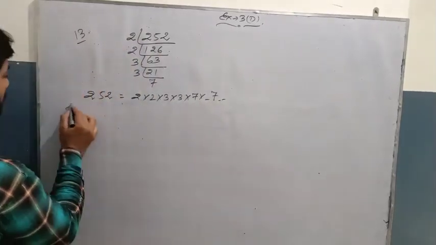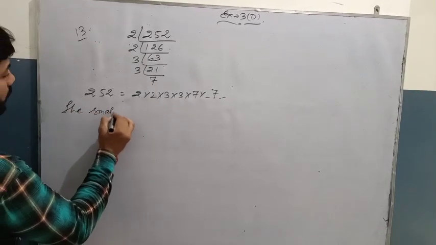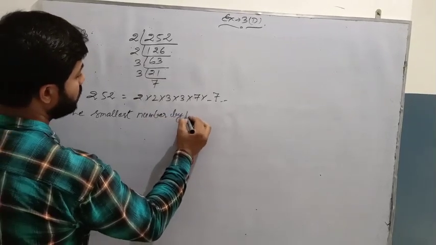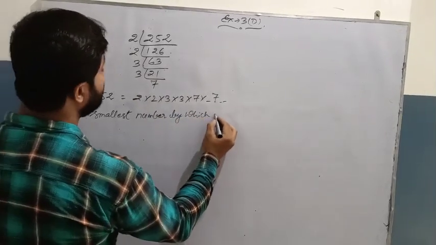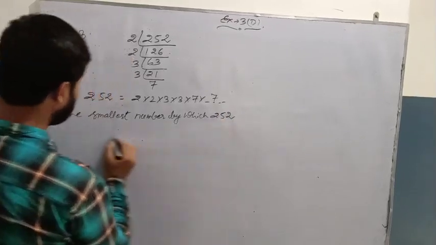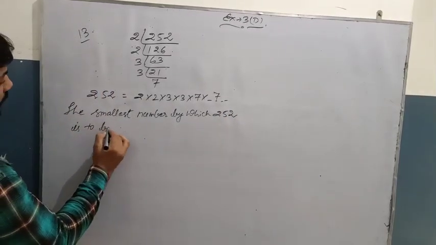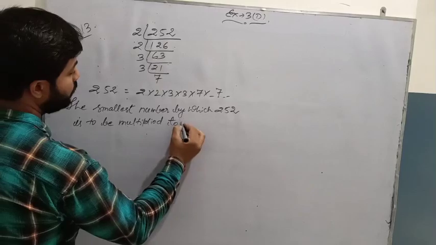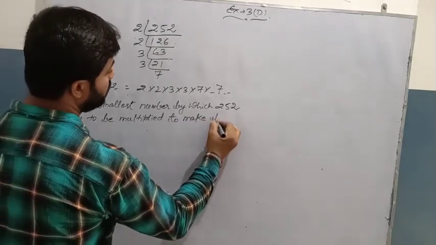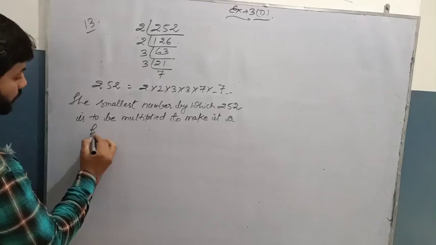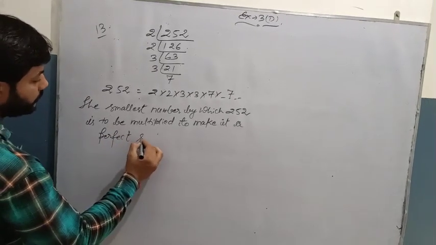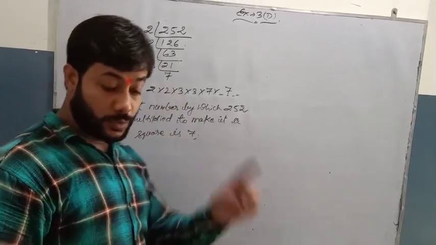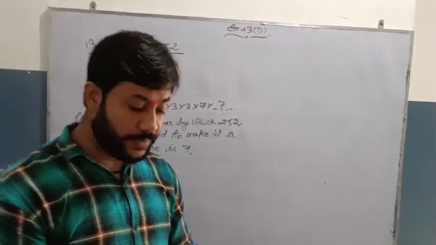So the smallest number by which 252 is to be multiplied to make it a perfect square is 7.